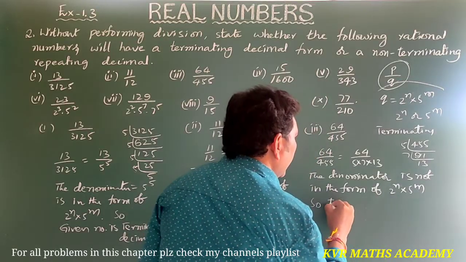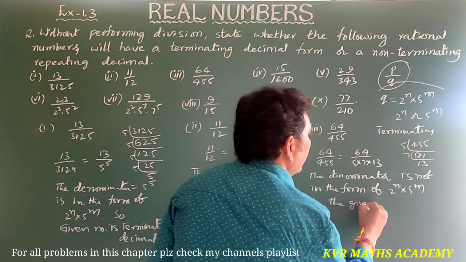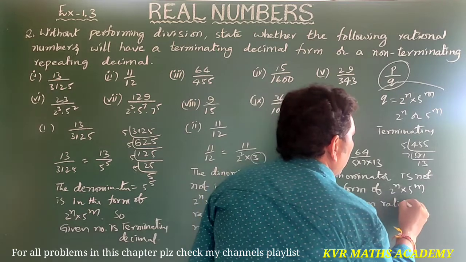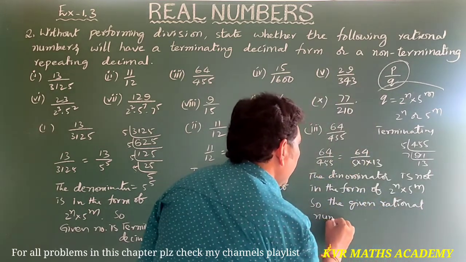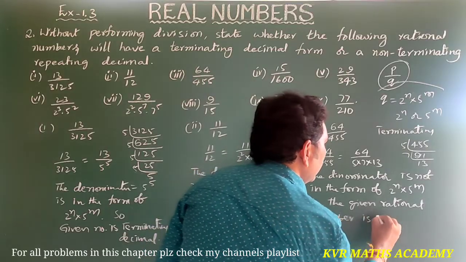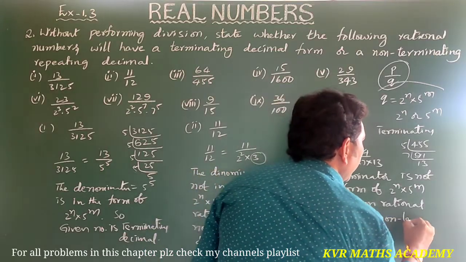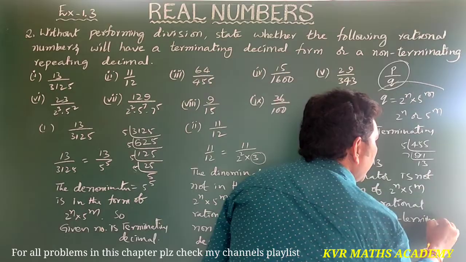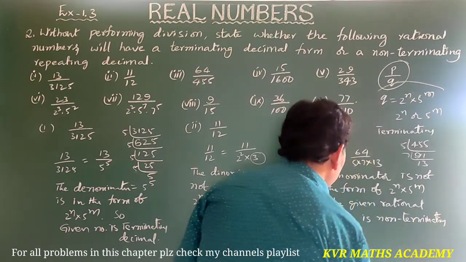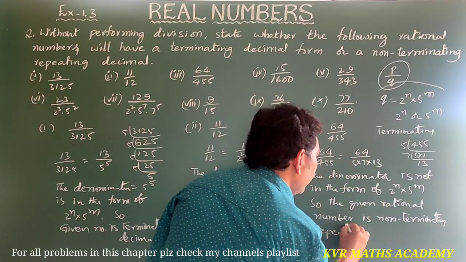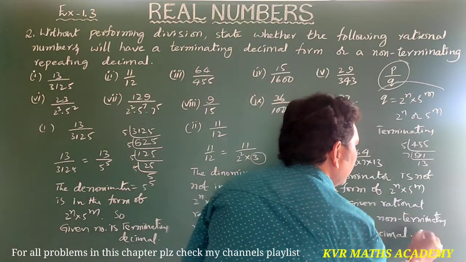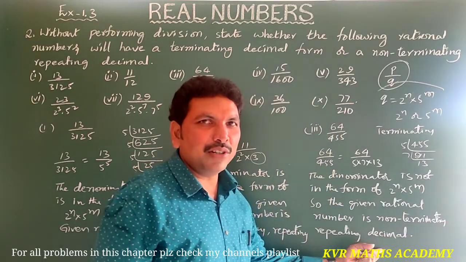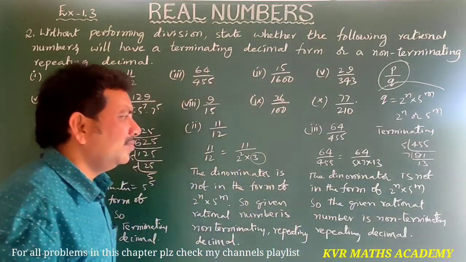So the given rational number is non-terminating repeating decimal. Have you understood clearly? Yes, note it down.